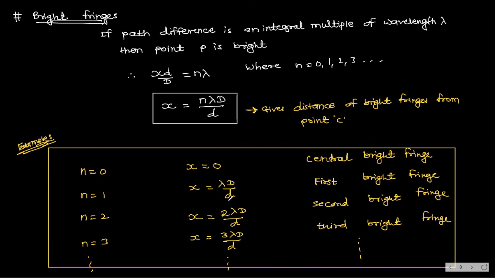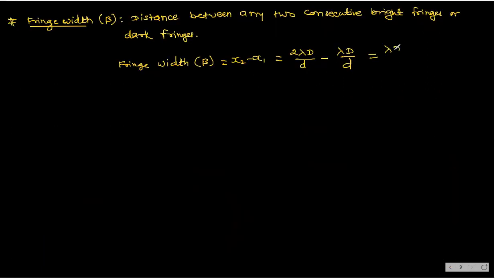If you subtract these two, you will get lambda D by small d. Therefore, beta is equal to lambda D by small d. Clear?